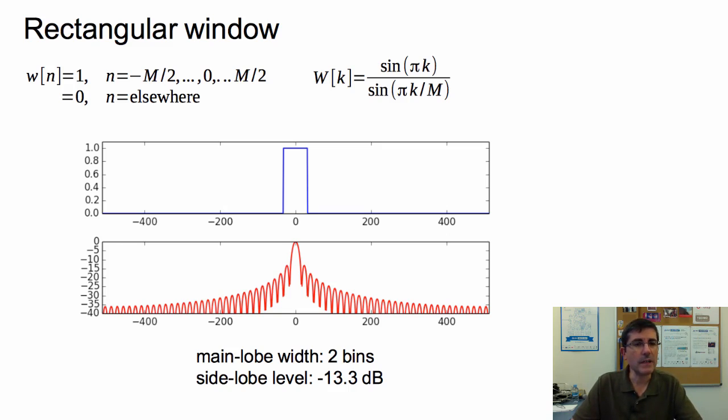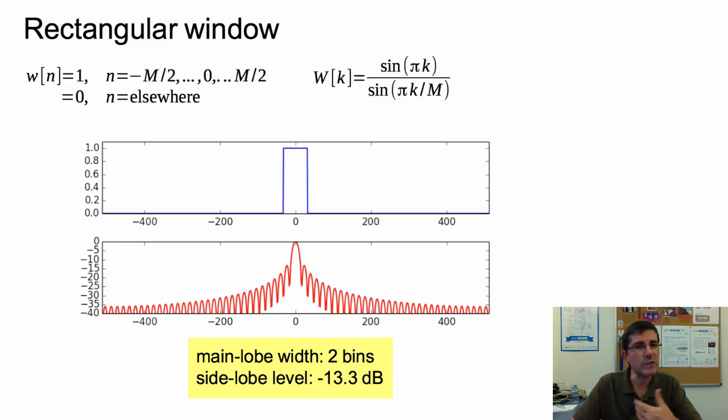And talking about how to describe it, we mentioned the width of the main lobe, and this has two bins, and two bins means two samples. And we have to be careful because this is measured when the DFT is the same size as the window. So if we take a DFT of the same size as the window, let's say 10 samples, then it's going to be 2 bins.